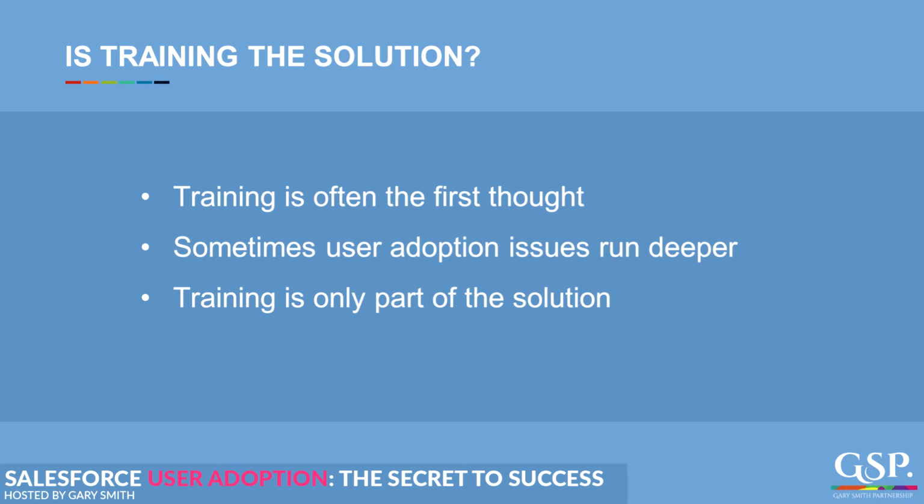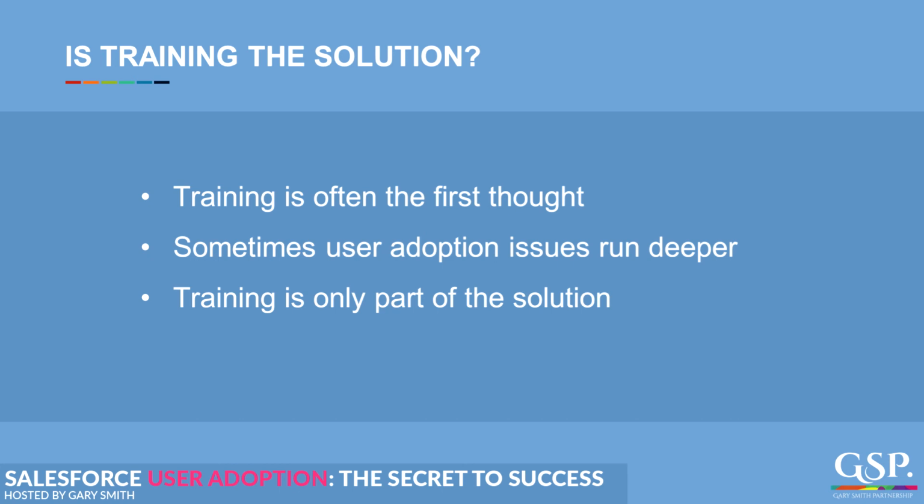And often user adoption seems like a bit of an intractable subject. There are many issues that might be leading to poor user adoption, and there might be a number of different things that you need to do to achieve full user adoption. And like many problems that seem intractable, in order to solve those problems, you need to do two things.